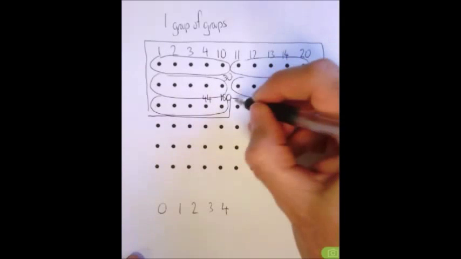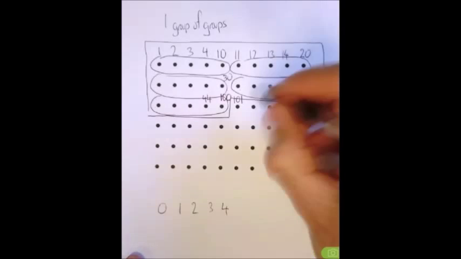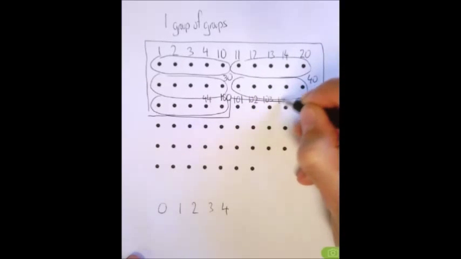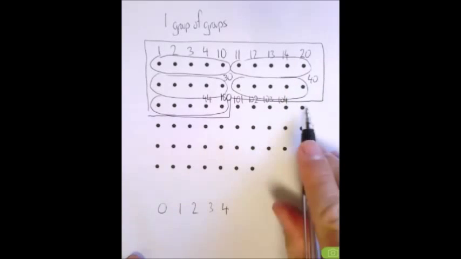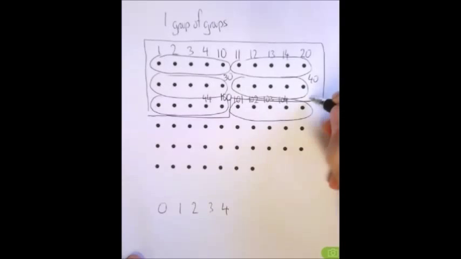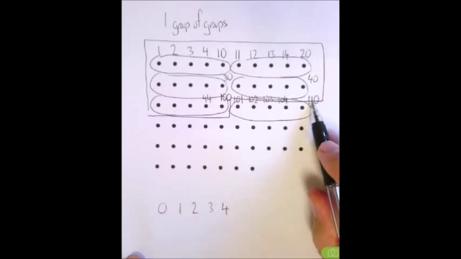And so the next number is one group of groups and 1 left over: 101, 102, 103, 104. I've run out of symbols, so I form a group, and so that becomes 110.